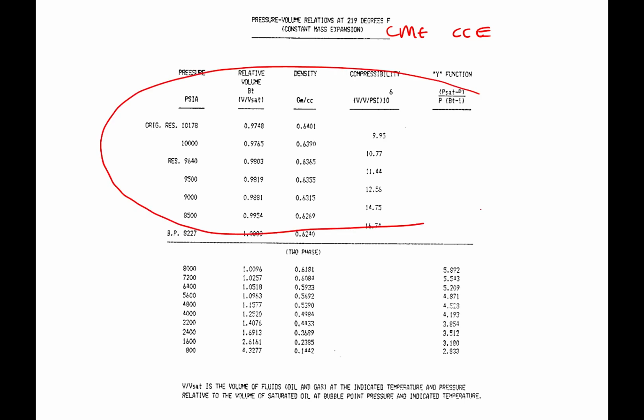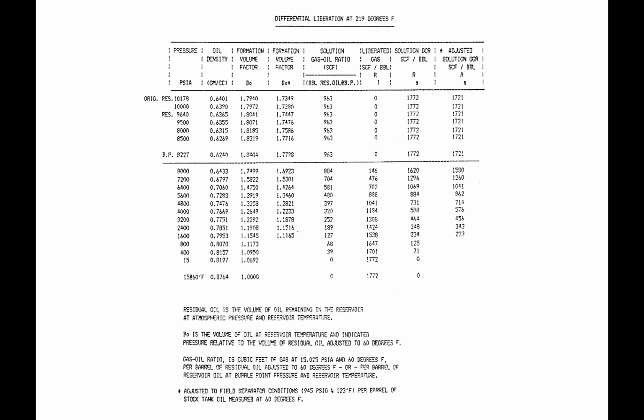And again, flash vaporization is also known as constant mass expansion, CME, also known as CCE, constant composition expansion. They're all the same thing. And the data is useful mostly only above bubble point pressure. Below bubble point pressure, we use data from the differential liberation, which is what you see on the next slide right here.